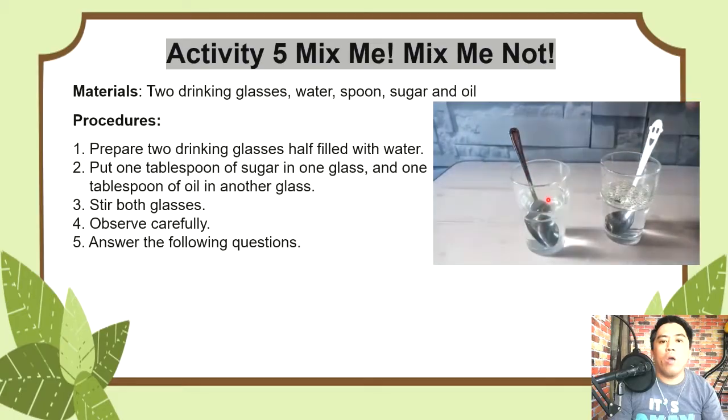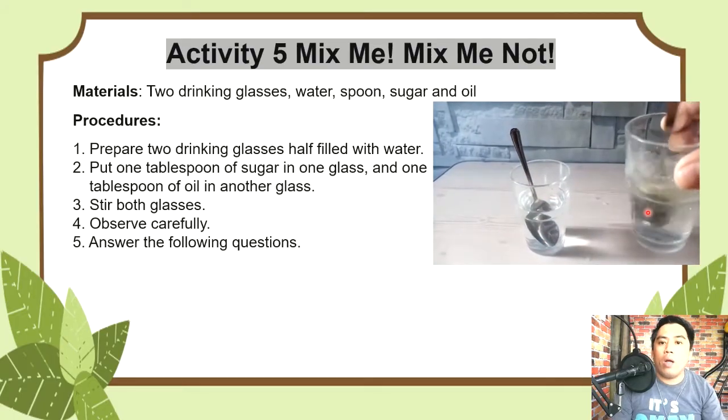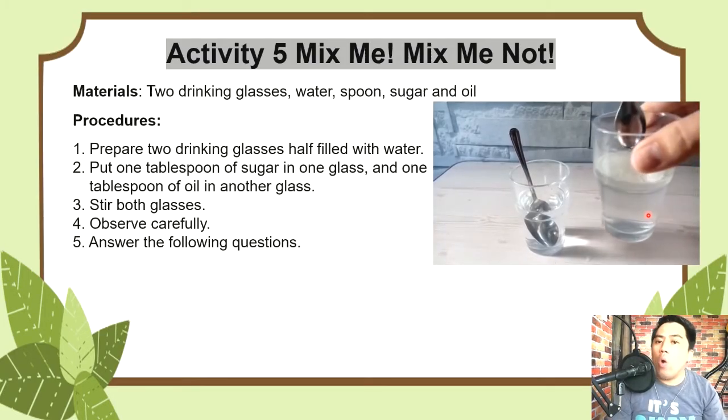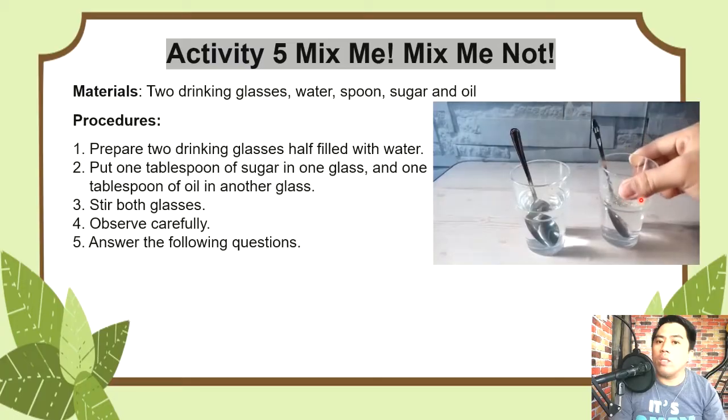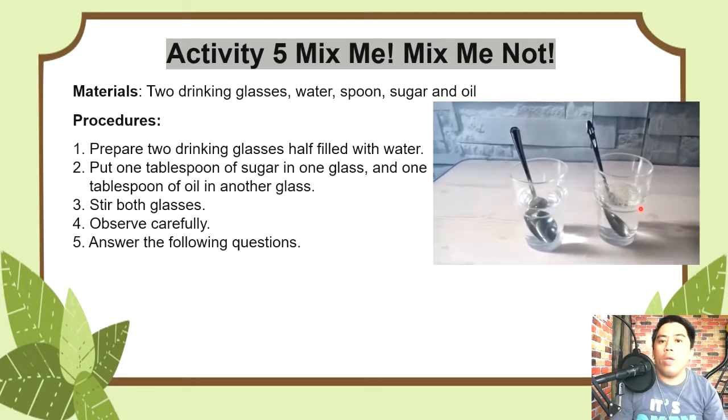So, naging homogeneous yung ating mixture. While dito sa pangalawang baso natin, makikita natin na kahit anong halo natin, ang oil, hindi siya nagmi-mix o hindi siya nagde-dissolve sa water. So, kahit anong gawin natin, hindi talaga naghalo ang oil sa water.